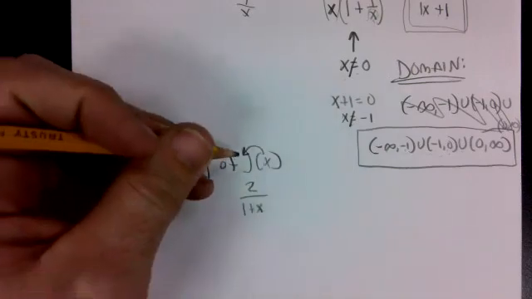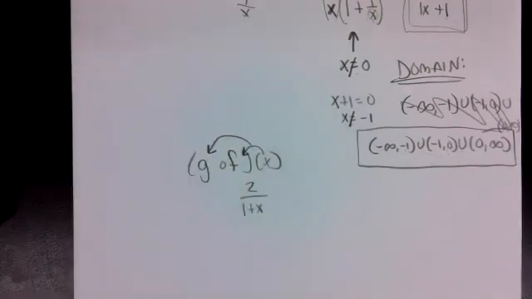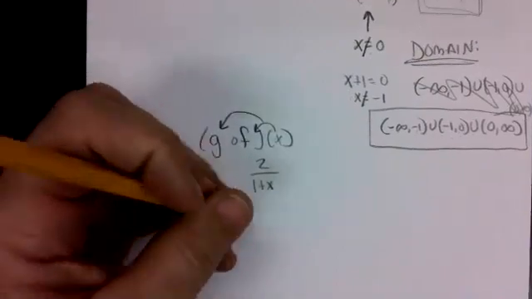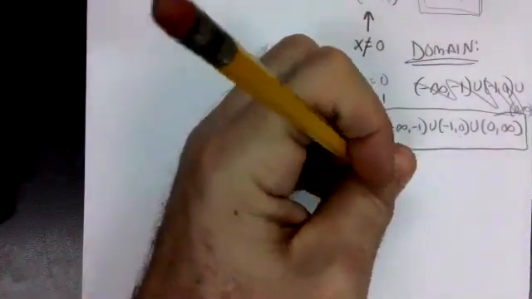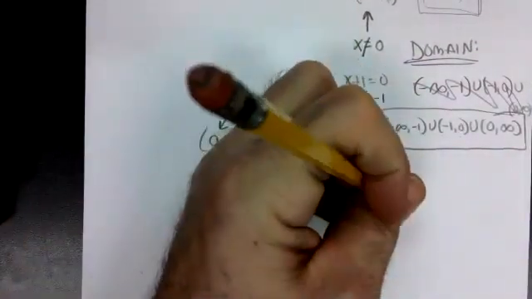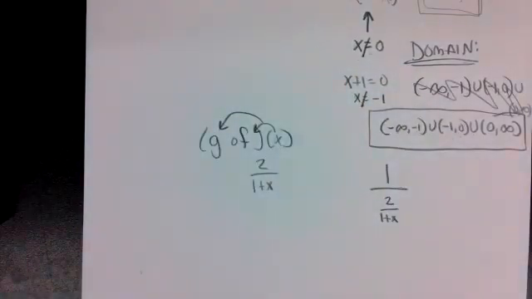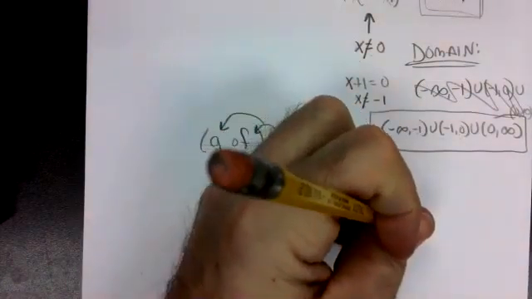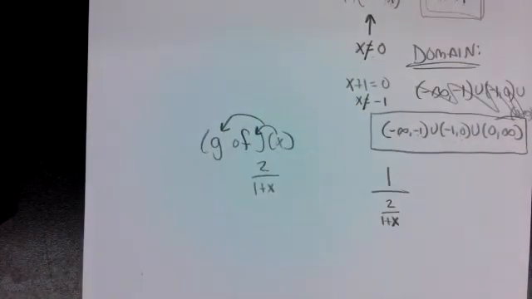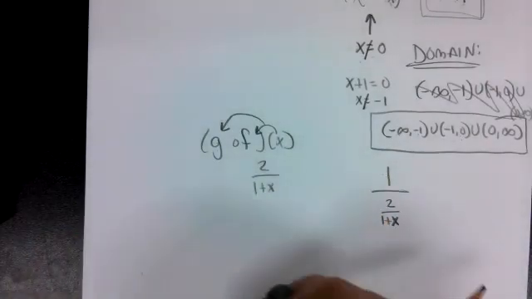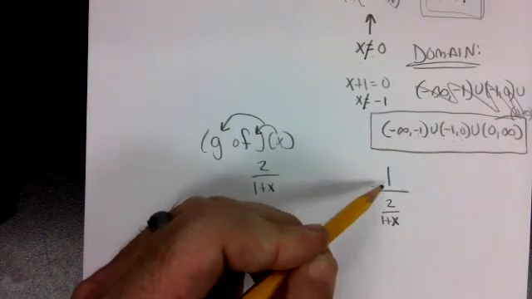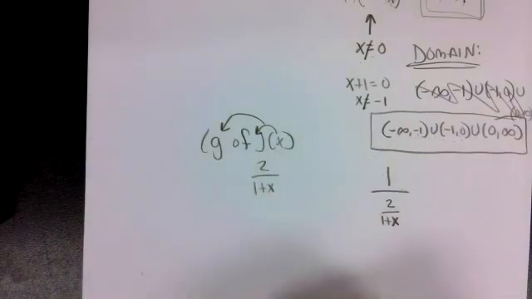And then if we plug that into the g function, then we're going to get 1 over 2 over 1 plus x. Again, we can't leave it looking like this because we got another fraction. We got fractions in fractions. That's no bueno.